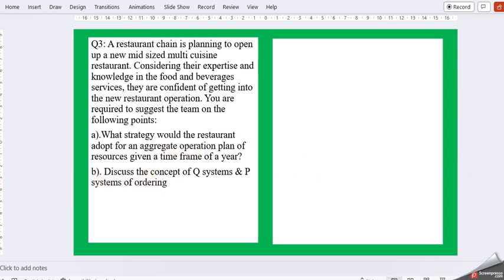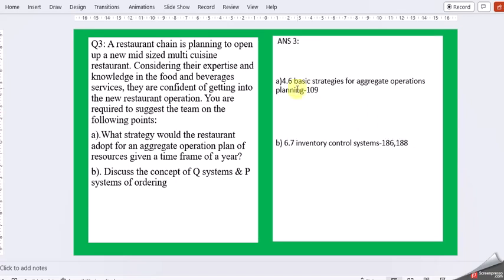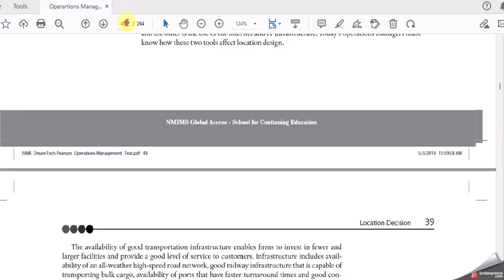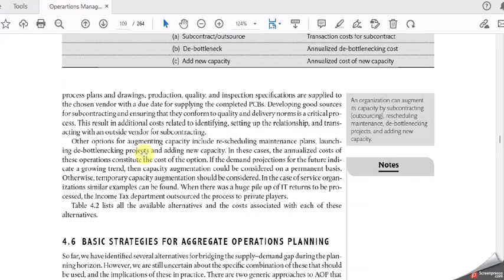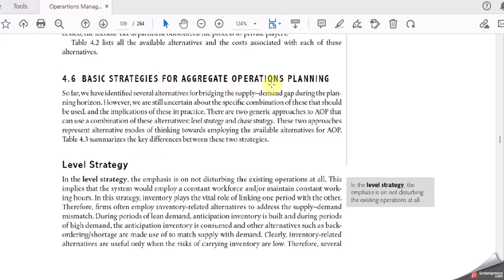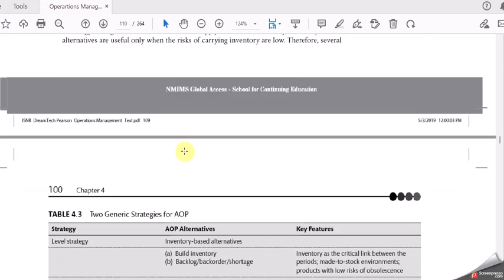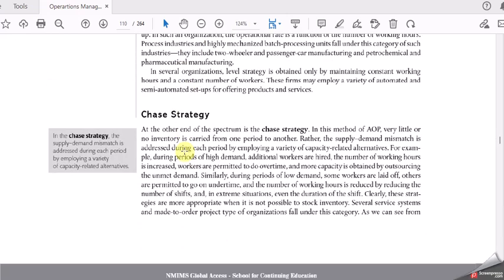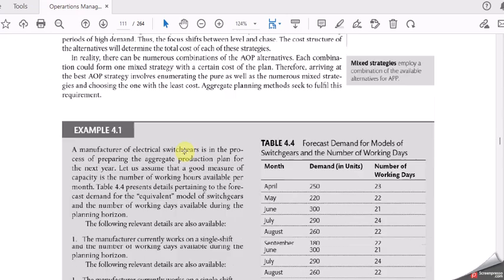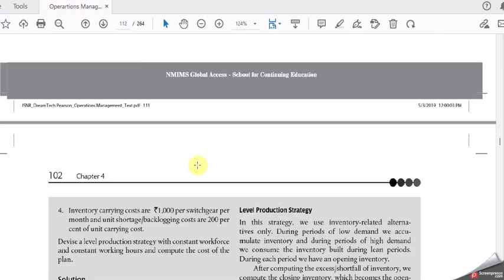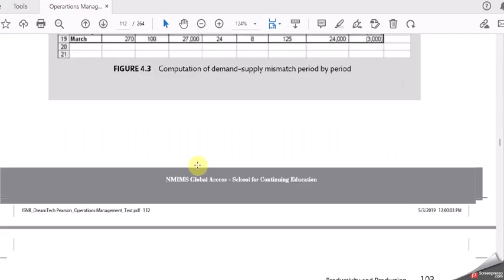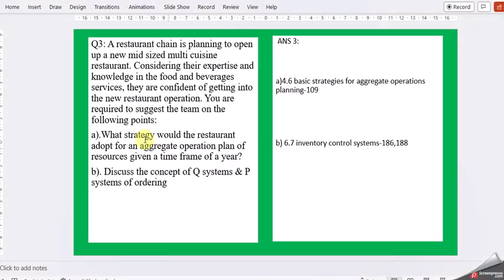So try to come up with a little more introduction. For part A, we go ahead with the basic aggregate operation planning strategies: level strategy, chase strategy, and mix strategy, and how they can support the startup.